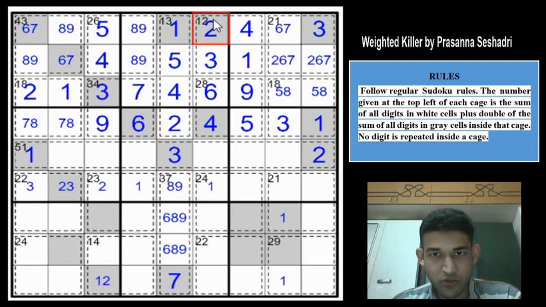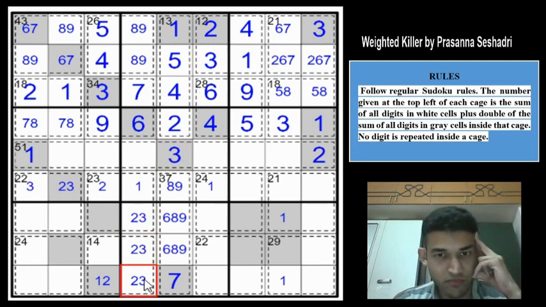A 2 is here and 2 is here, so 2 must be in one of these 3 cells, and a 3 is here and 3 is here, so 3 must be in one of these 3 cells.